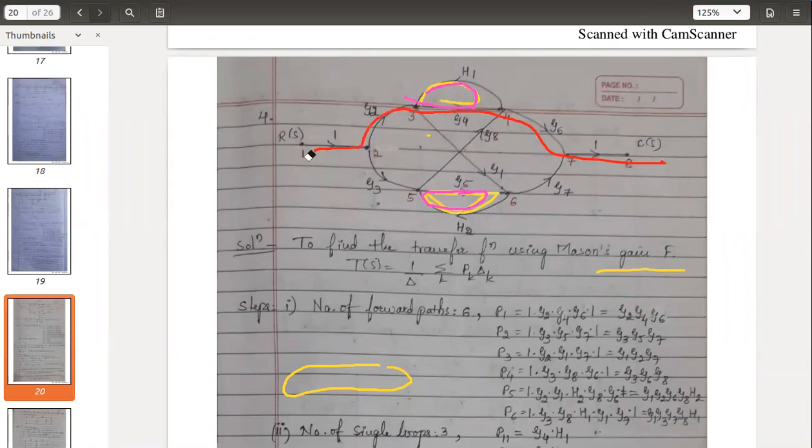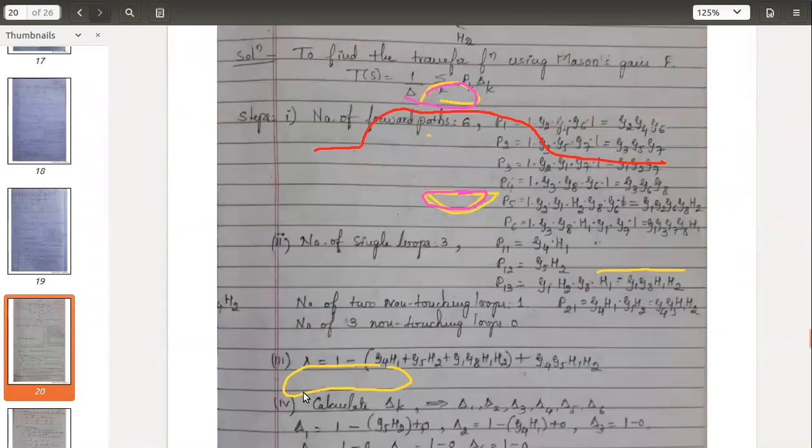But are they also not touching this red line, the forward path? Out of these 2 loops, the upper loop is touching the red line, so you cannot consider that. Hence it is 0. So for delta 1, the calculation is 1 minus G5H2 plus 0. No non-touching loops, तो नहीं, एक loop touch हो रहा है.